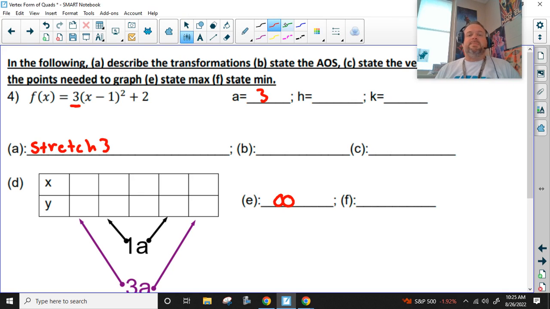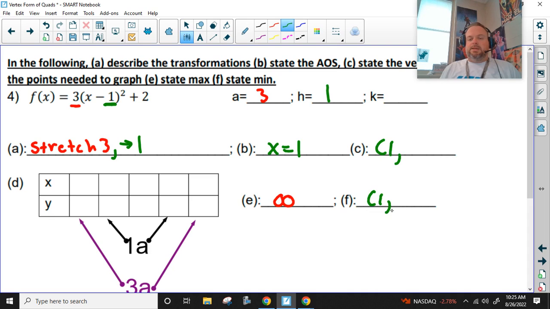Now, our H value, remember it's the opposite of what's here. So what's the opposite of -1? Yeah. So that means we would go to the right one. And then this goes here, here, here, and one more time right here in the middle.